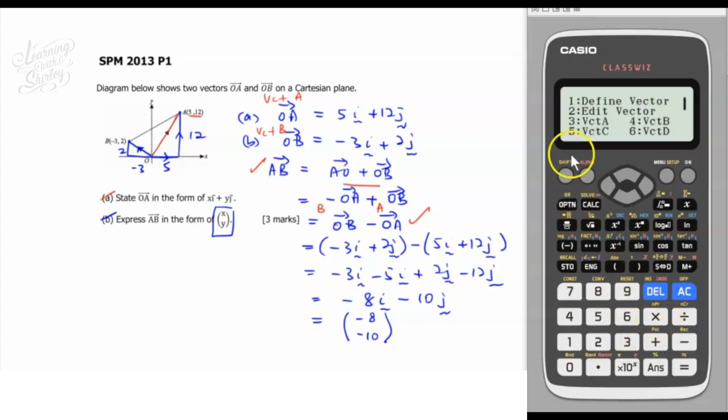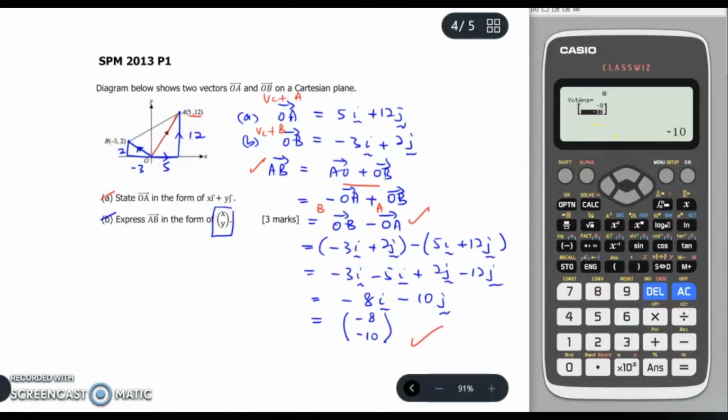Go to option, vector B, which is 4, then minus vector A, which is 3. Then press equals. You will get negative 8 and negative 10, which means your answer is 100% correct.